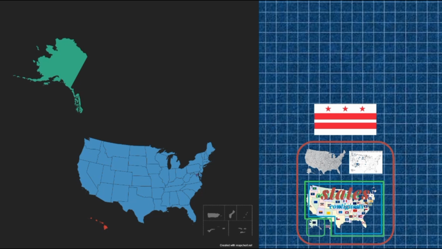The districts are basically federal land. They are directly controlled by the USA, and that kind of makes sense for Washington, D.C., considering it is literally the capital. But also, it is controlled by all 50 states in the House of Representatives.